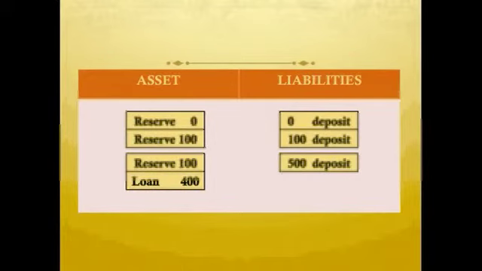Because the reserve is 100 and the ratio is 20%, deposits could be Y times 20% equals 100. So Y is 500. So the maximum loan is 500 minus 100, which is 400.